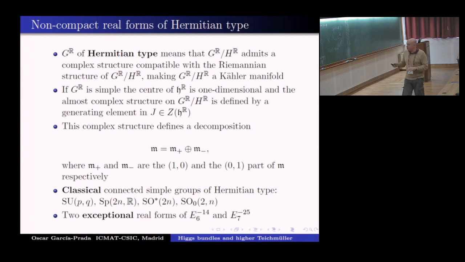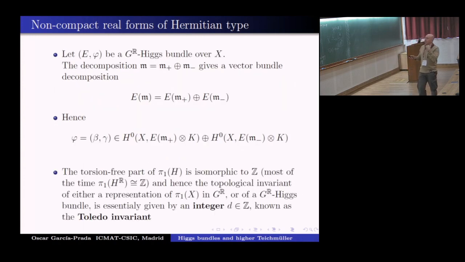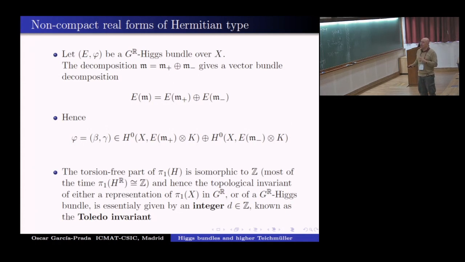But in particular, you always have an integer that you can associate to a Higgs bundle, or equivalently to a representation. I say essentially again because there may be some multiple, some normalization that you fix. This is called the Toledo invariant, after Domingo Toledo.